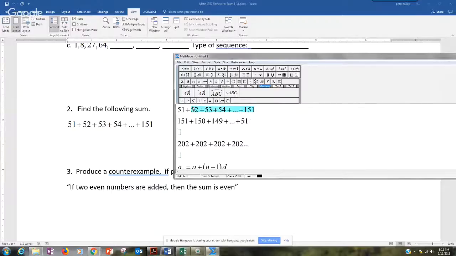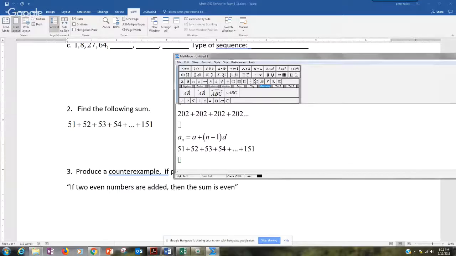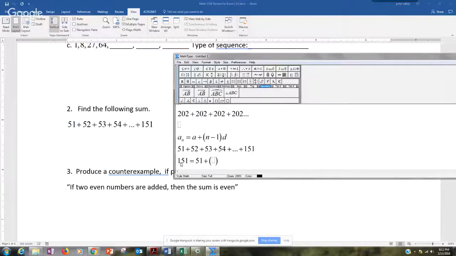In this case, I'm looking at the 51 to 151. And I want to figure out how many terms did I take to get to the 151. So I stopped at 151. The first number of the pattern was 51. The n is what I'm trying to solve for.